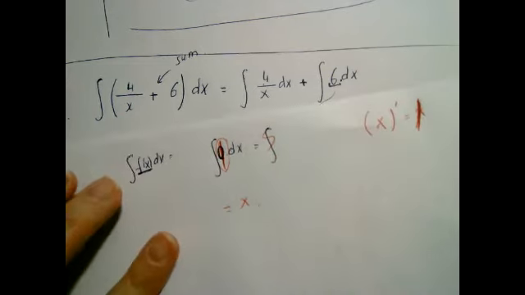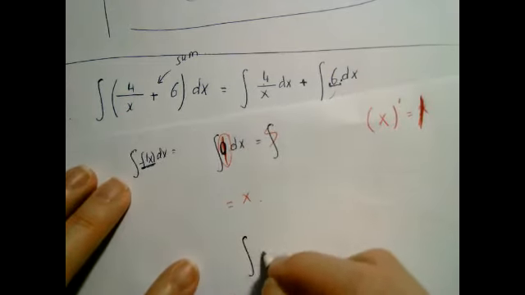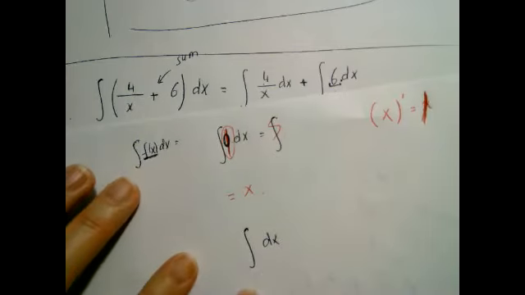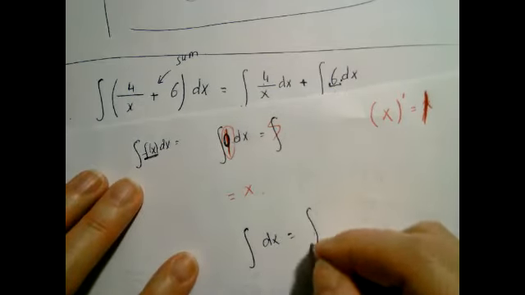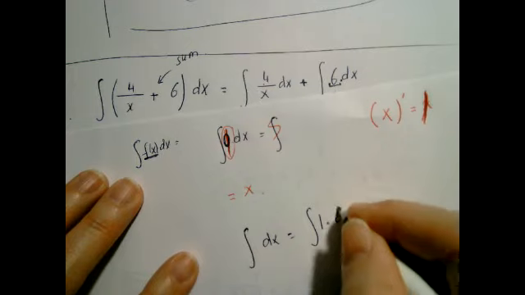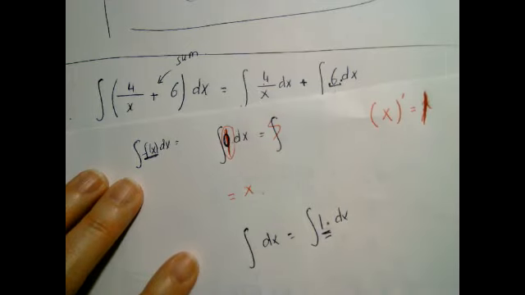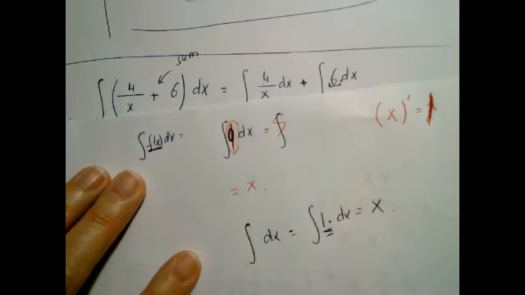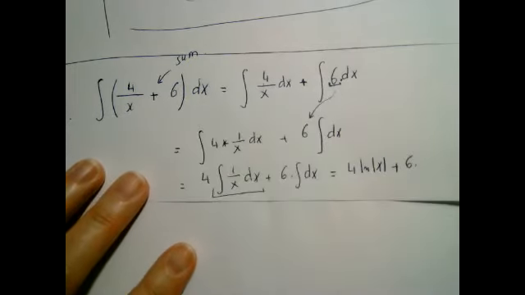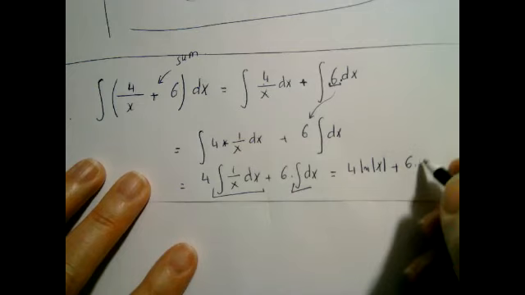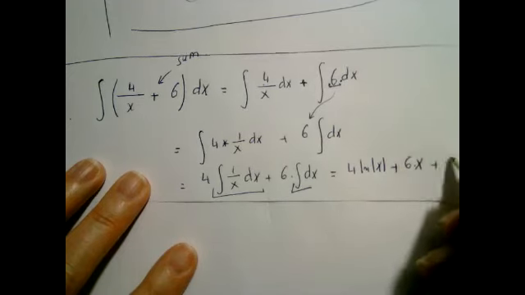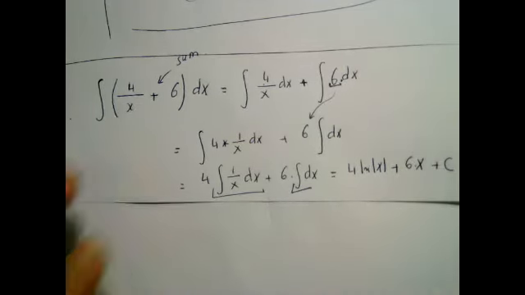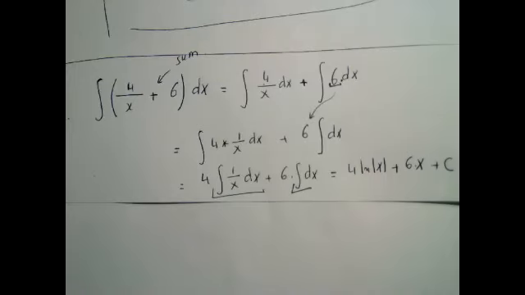Integral of dx means, this is really sloppy notation, integral of 1 times dx. That's the function we are talking about, which is equal to x. So with this in mind, the integral of 6 dx is 6x, and then we add 1 constant to the end. We don't have to add many constants.